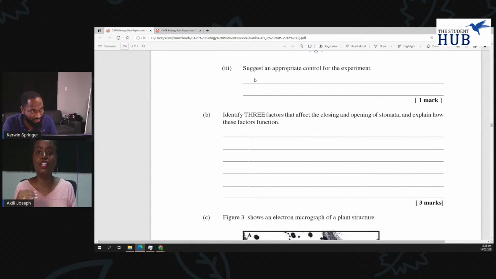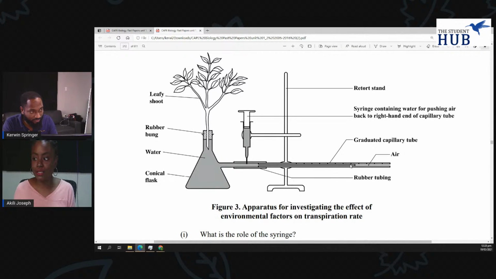And remember, the transpiration rate, or the amount of water being lost, the conclusion we're making here is that the more water being lost means that there is more stomata, or more holes for the water vapor to move through. So one control would be to set up this apparatus, no Vaseline on the leaves, to know what is the normal transpiration rate, or the normal amount of water to be lost from your setup.